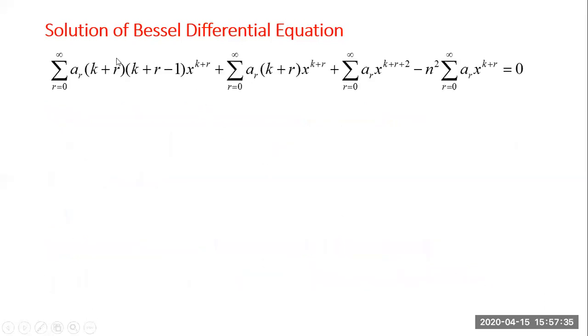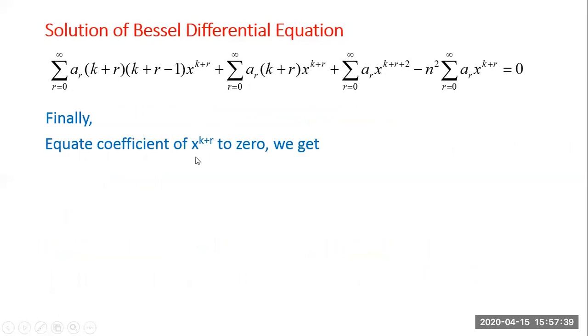Okay. Next, again in this expression, let us equate the general term x power k plus r to 0 for any r. So equate the coefficient of x power k plus r to 0. The coefficient of x power k plus r from the first term is ar (k plus r) (k plus r minus 1). From the second term, the coefficient of x power k plus r is ar (k plus r). In the third term, we have x power k plus r plus 2.